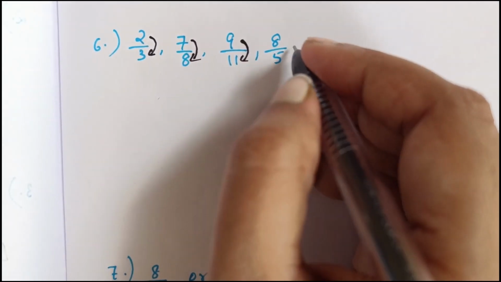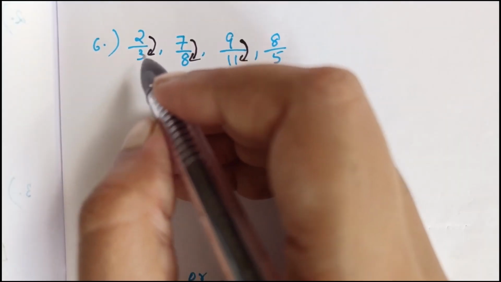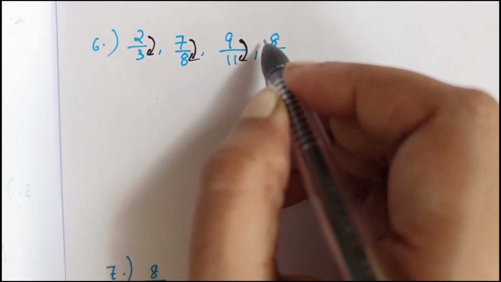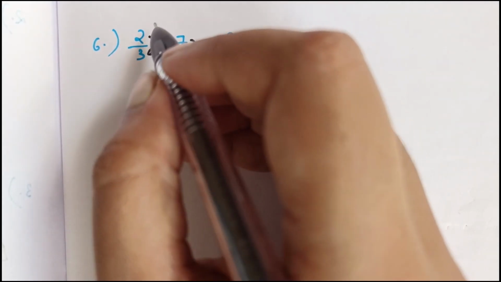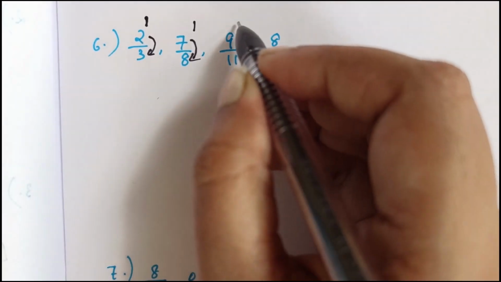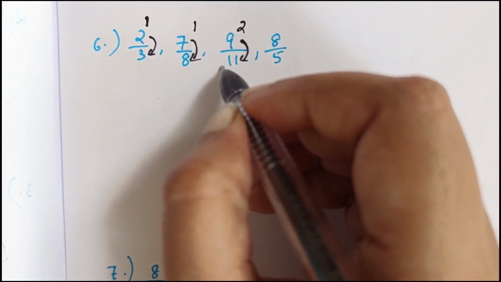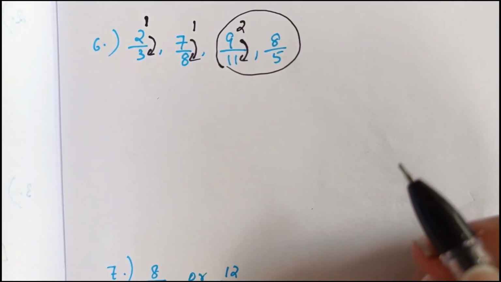But in this case, numerator is greater than denominator. So we cannot consider this with other fractions. But here you can see that the differences are also not the same, because here it is 1, here it is also 1, but here it is 2.